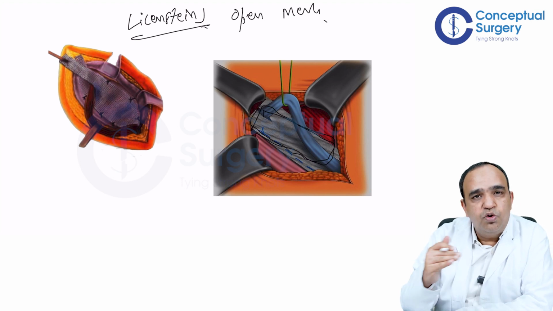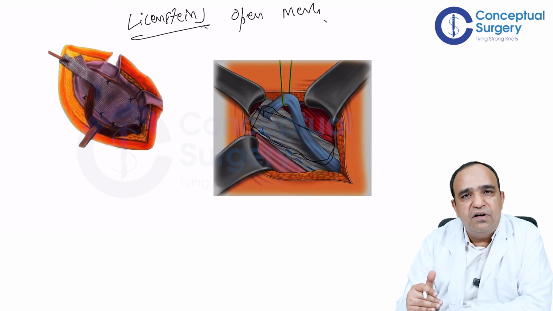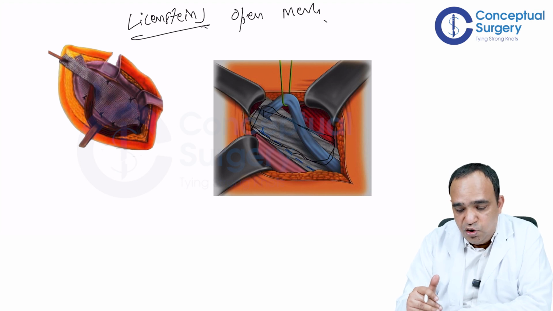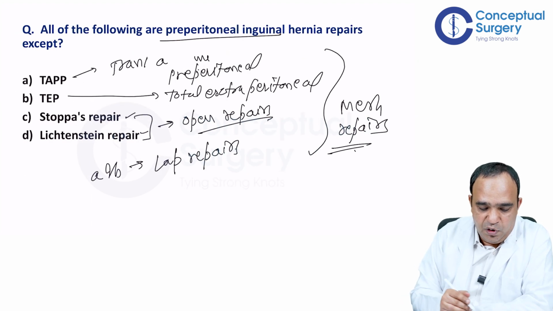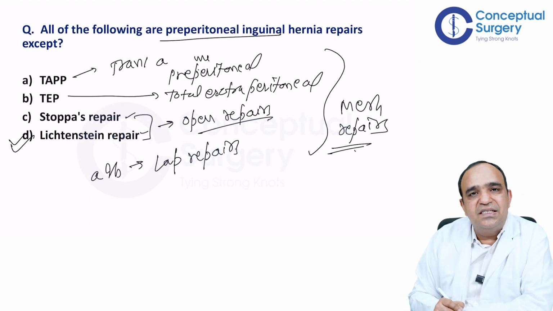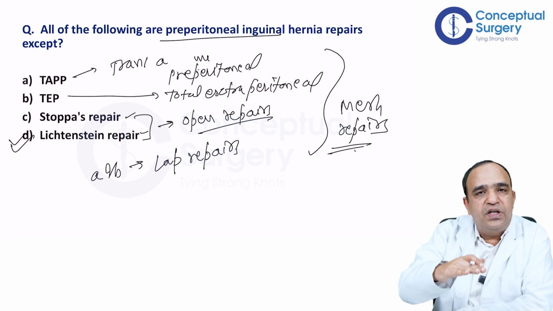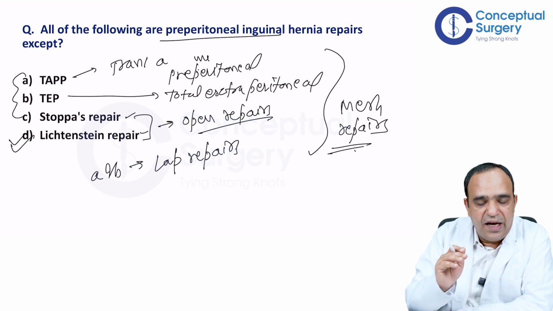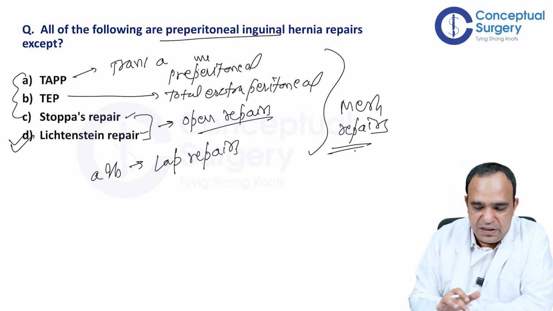It's on top of the floor of the posterior wall of the inguinal canal. So this is not the classical preperitoneal space, and this is the answer here. The answer is Lichtenstein's: we place the mesh from outside and are not putting it in the preperitoneal space. In the rest three, as I have shown you, the mesh is placed in the preperitoneal space.